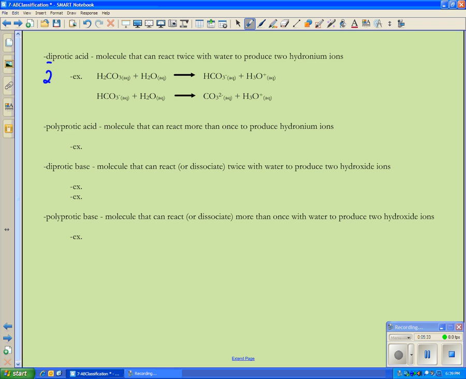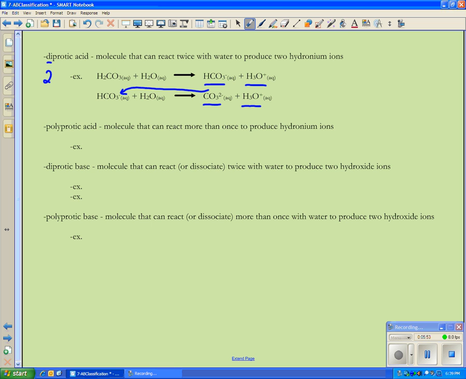In the first reaction, a hydrogen carbonate ion is produced along with the hydronium. Then that hydrogen carbonate ion can act as an acid a second time to react with another water molecule and produce carbonate and a second hydronium ion.